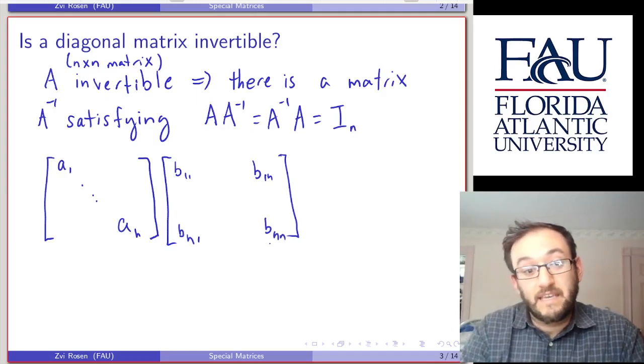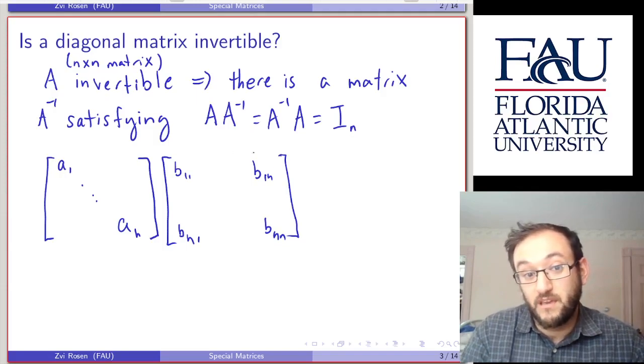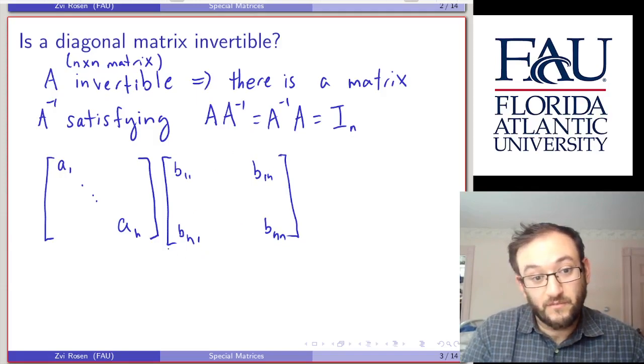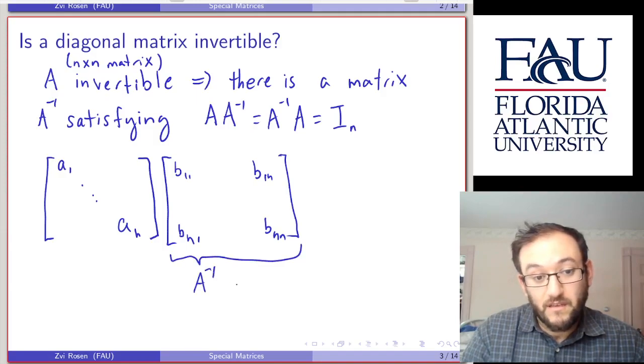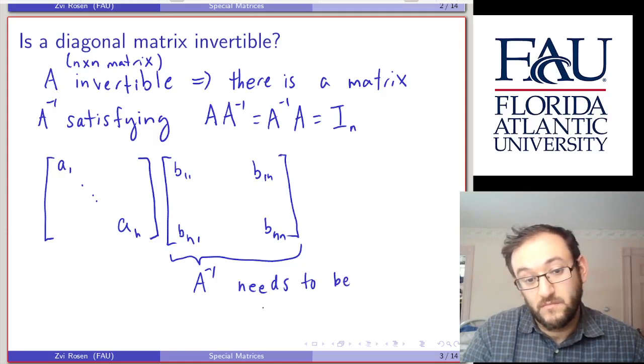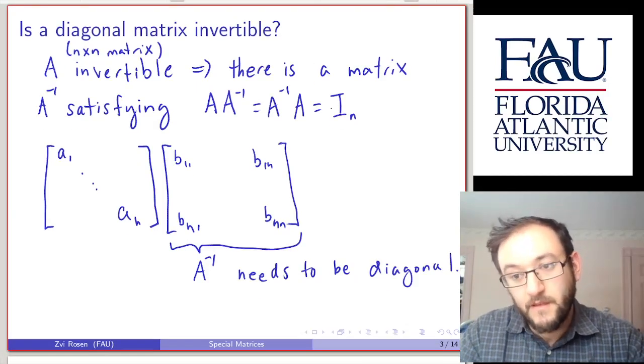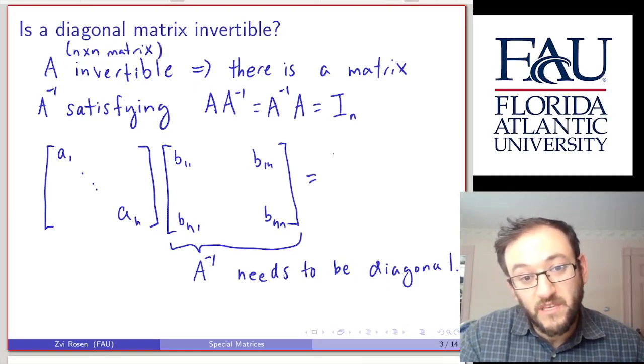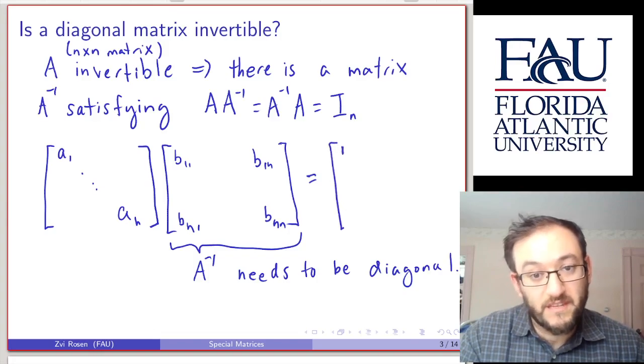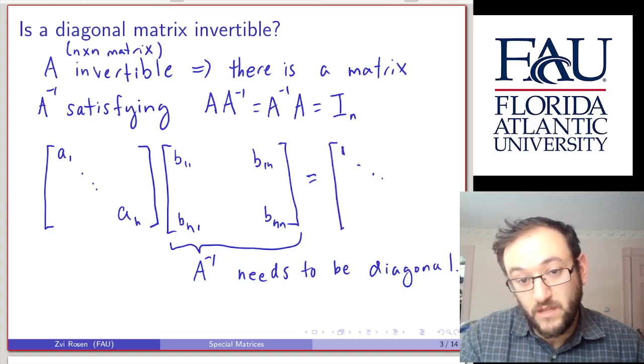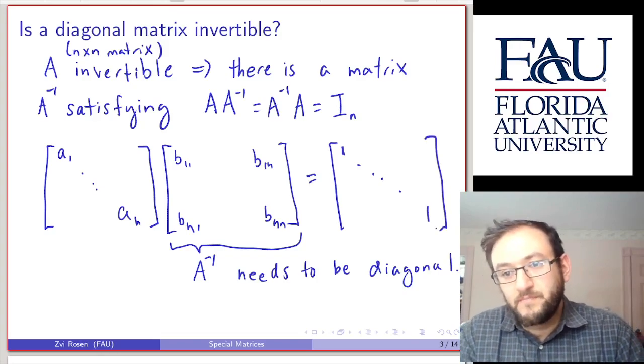The first thing we'll see is that this matrix, our A inverse, needs to be diagonal. This product has to be equal to the diagonal matrix which is just 1s on the diagonal, in other words, the identity matrix.